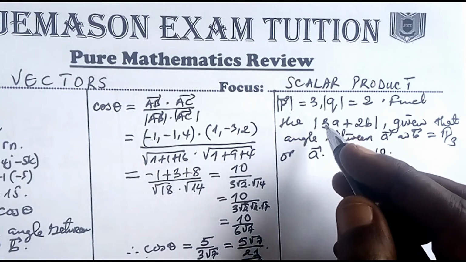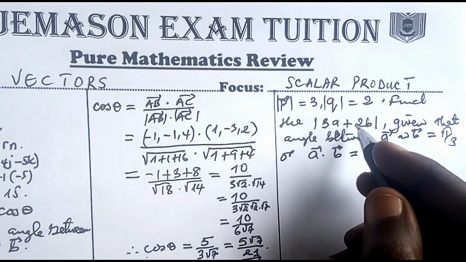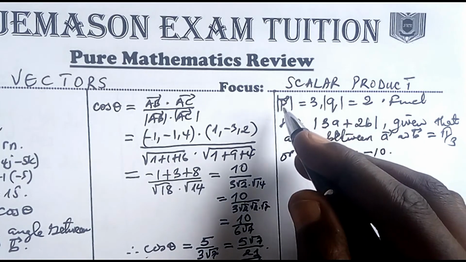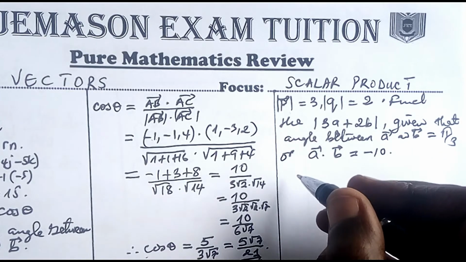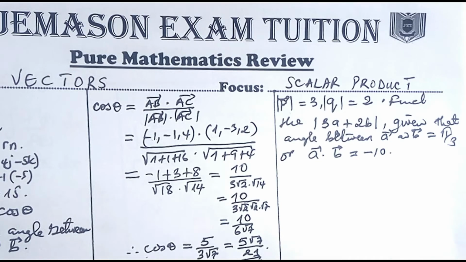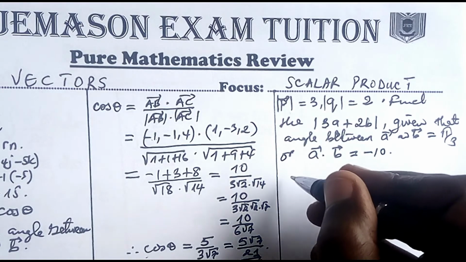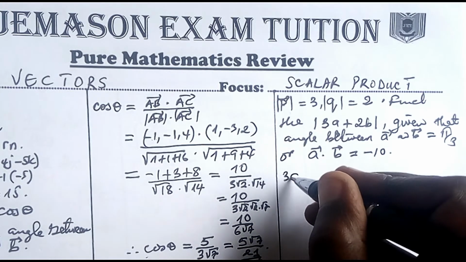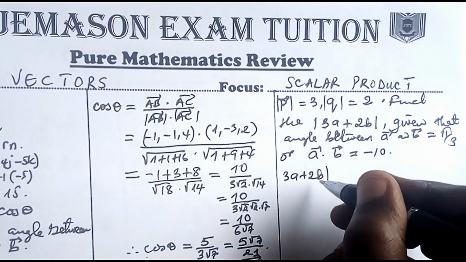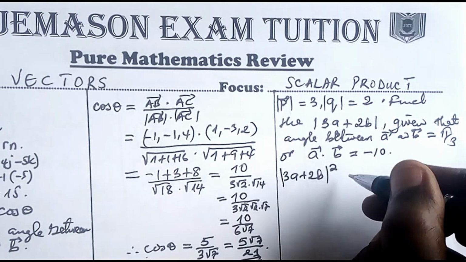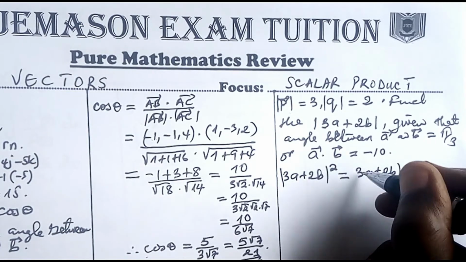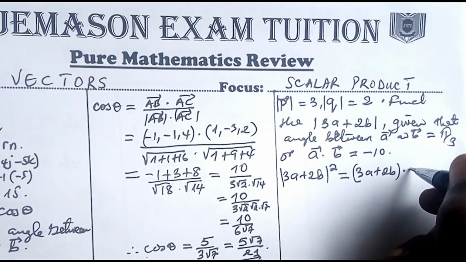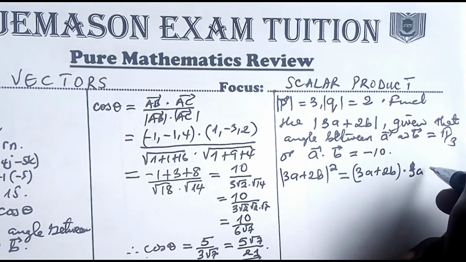So if I have to find the magnitude of 3a plus 2b after having been given the magnitude of the individual vectors, I would use this first property and then the second one. To start with, I would write the magnitude of 3a plus 2b squared. The square of the magnitude is equal to the dot product of the vector with itself.